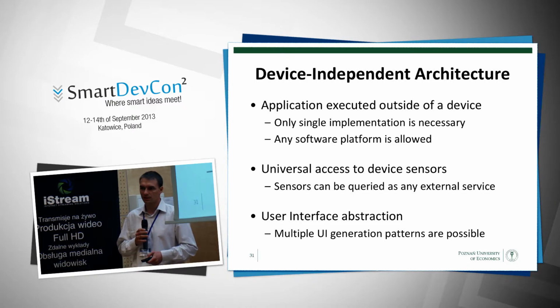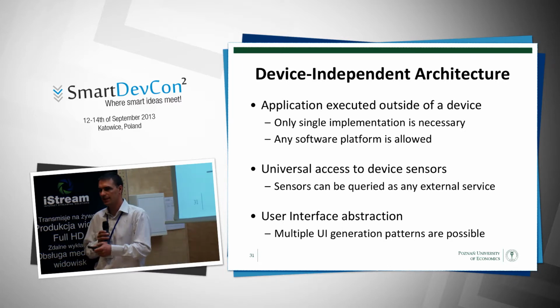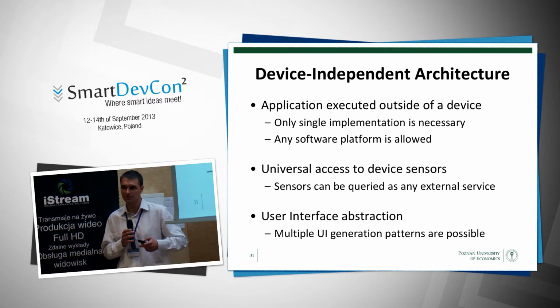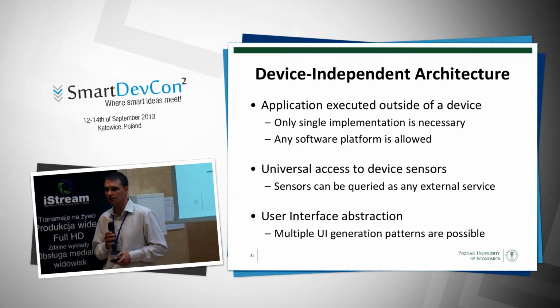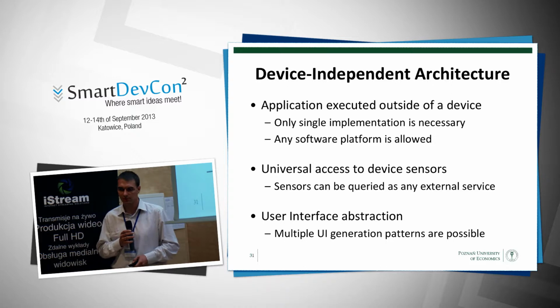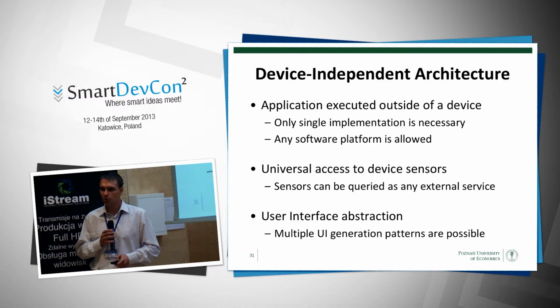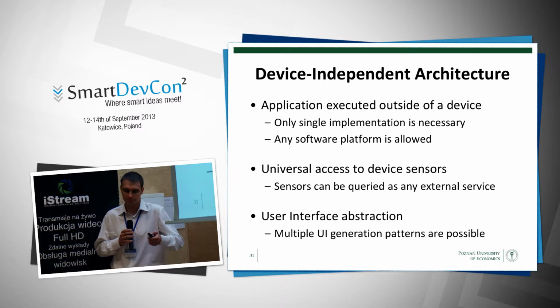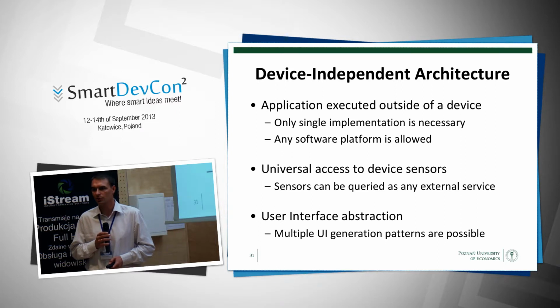And the fact that we are not using a specific device but a set of interaction channels allows us to build the user interface on a little bit higher level, on a more abstract level, which makes it easier to build it only once and enables us to employ multiple different UI generation patterns.